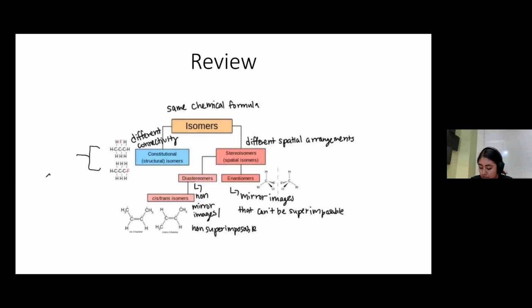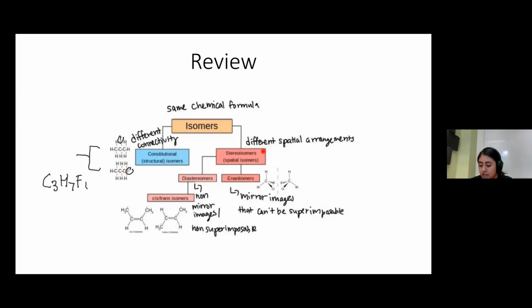The chemical formula for this is C3H7F1, so they have the same chemical formula, but where the F is connected is different. It is connected to this carbon in this one, but to this carbon in this one. So these are constitutional isomers or structural isomers. You can say either.